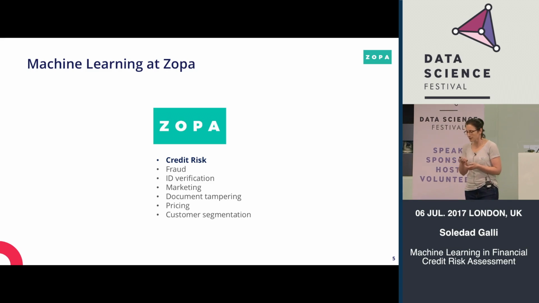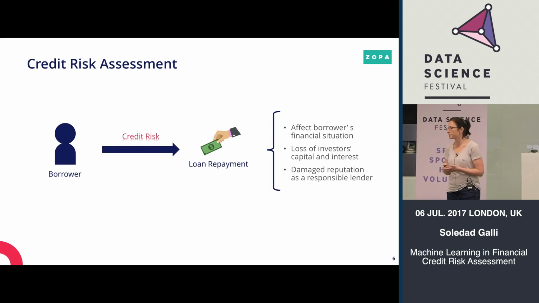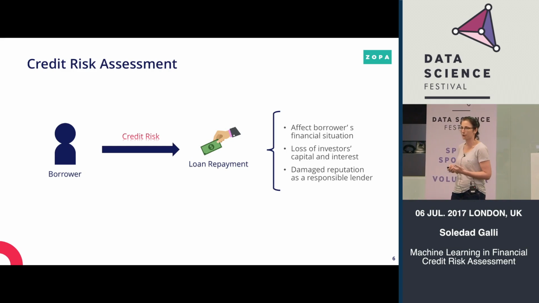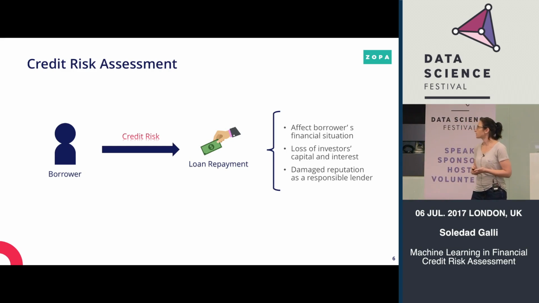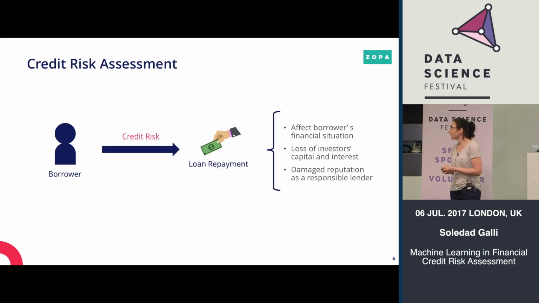credit risk. So the first thing would be to know exactly what credit risk is. In case you're not familiar with the term, credit risk is the risk of default on any acquired debt. In other words, for us, it means the risk that one of the persons to whom we have lent money will not be able to pay us back. And we need to assess and manage risk for three main reasons. The first one is that we want to lend responsibly.